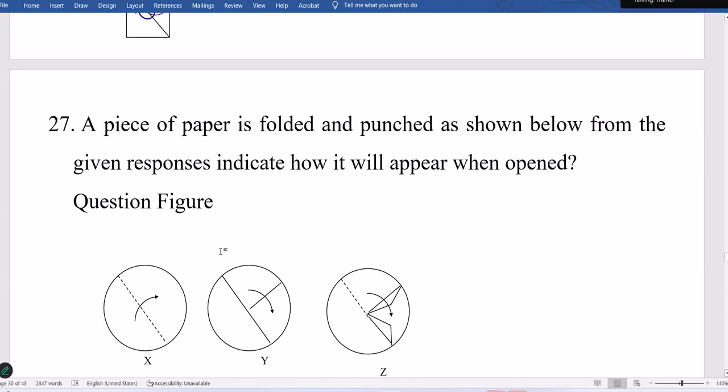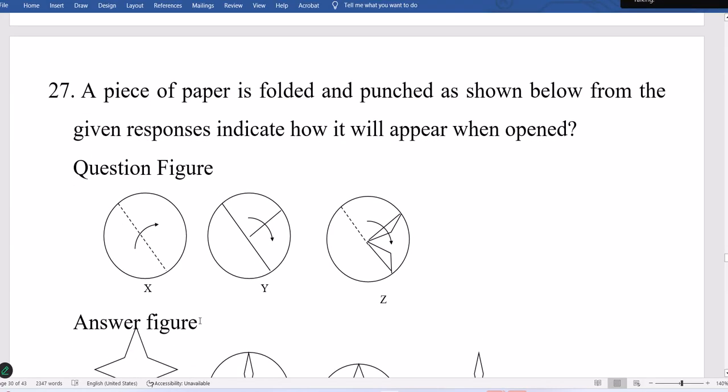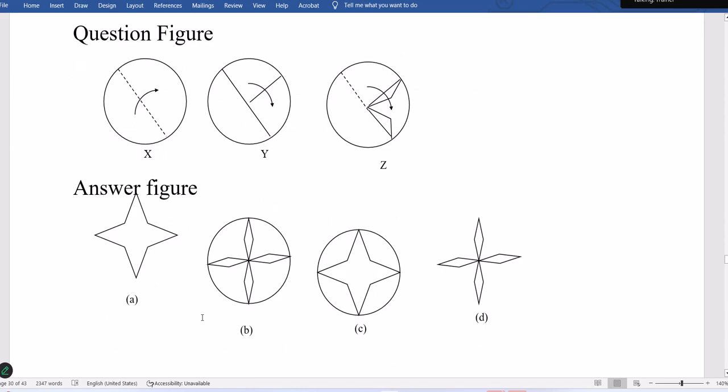Now paper folding and cutting. So which is the possible answer among the options?